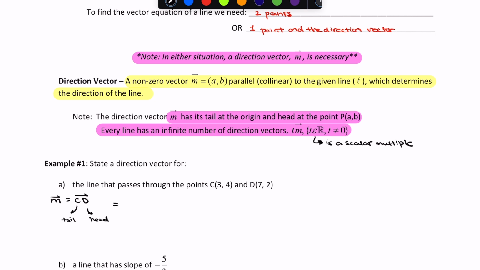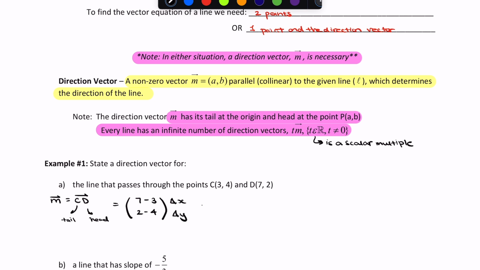So here we're given our change in x and our change in y. For x, we have 7 minus 3, which represents our change in x, and we have 2 minus 4, which gives us our change in y.